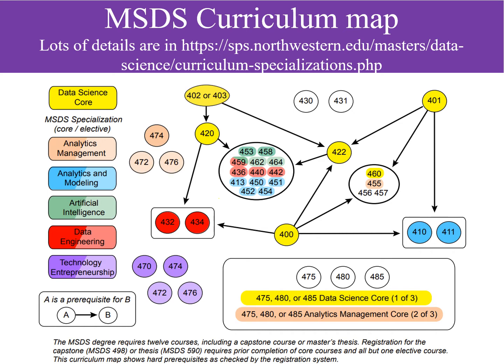So take a look at this page, and you'll be able to make sense of how the core courses are connected to the various specializations. And what are the specializations we have? Analytics management. Another one is analytics and modeling. Third one is artificial intelligence, fourth one is data engineering, and fifth one is technology entrepreneurship.